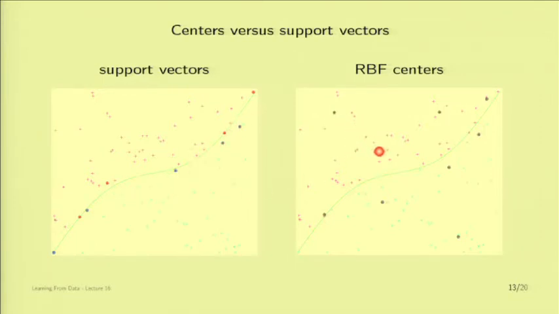These guys are generic centers. They are all black. These guys, there are some blue and some red, because they are support vectors that come with a label, because of the value y_n. So some of them are on this side, some of them are on this side. And indeed, they serve completely different purposes.